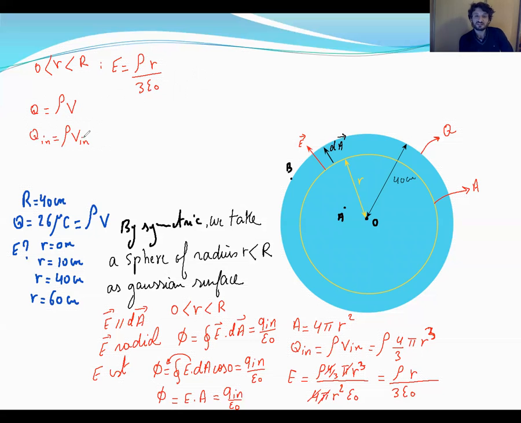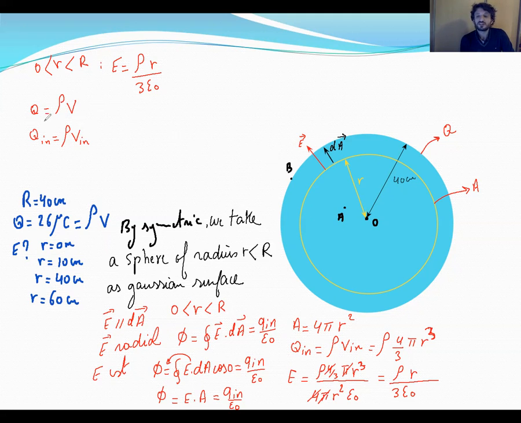You have to know this relation. In all the cases, rho is constant. In this case, rho is constant. If you talk about the total charge, it equals rho times V, the total volume, and Qn equals rho times Vn.